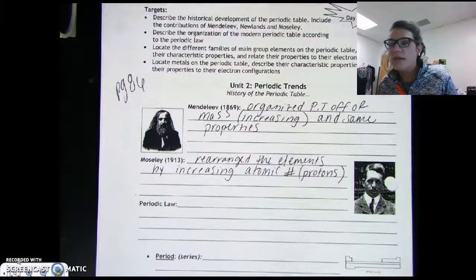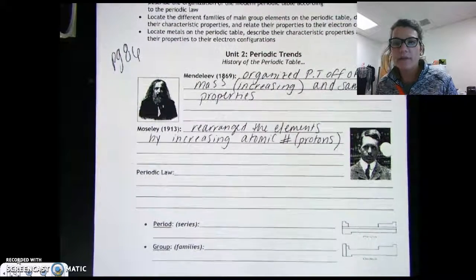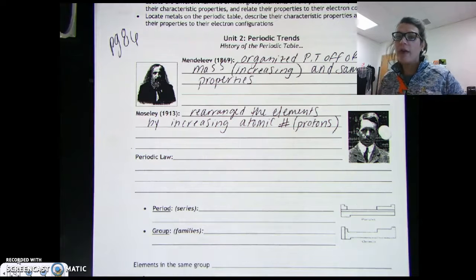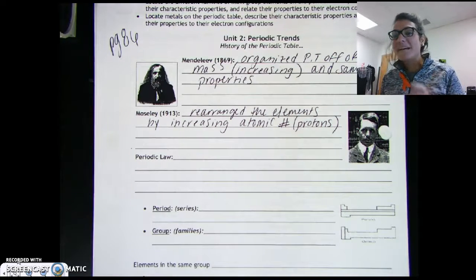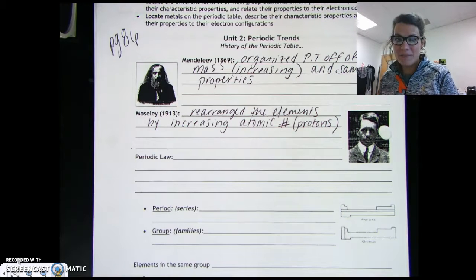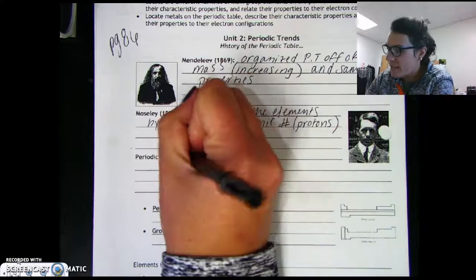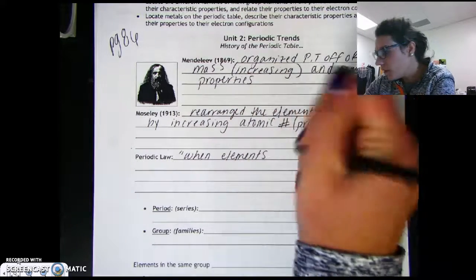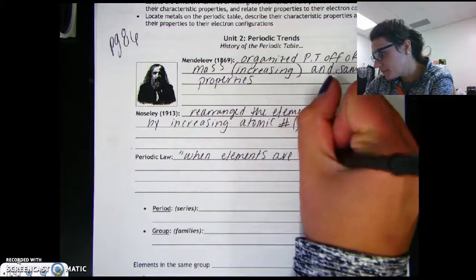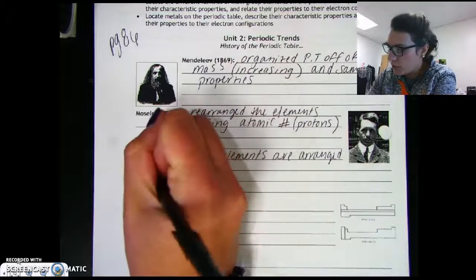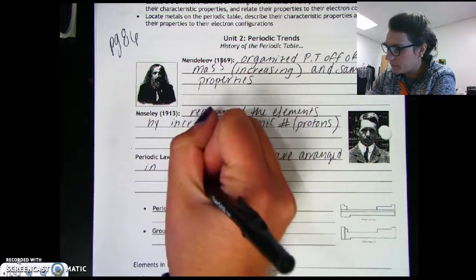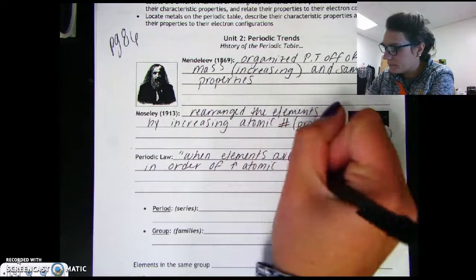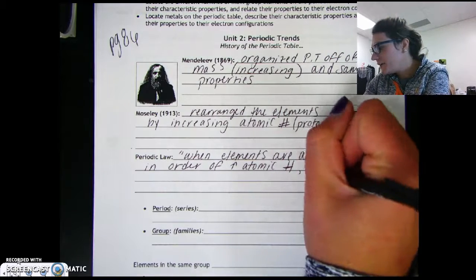Okay. So based off of Moseley's idea of the periodic table, we were able to develop this periodic law, okay? And it's based off of how the elements are grouped because of their atomic number, okay? So let's look at this. It says that when elements are arranged in order of increasing atomic number, there is a periodic trend.